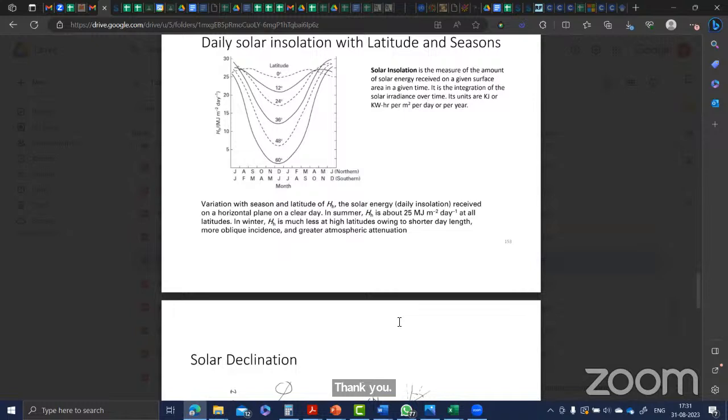Sir, in this question only, how is the levelized cost of wind also coming equally to solar? I'm unable to digest this.